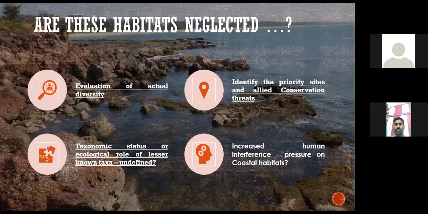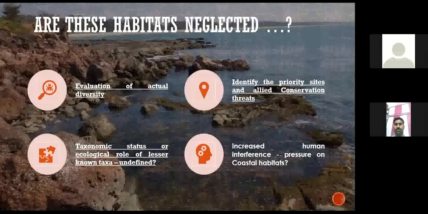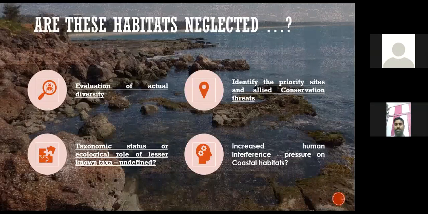Also, we are not really sure exactly which conservation issues each site is facing. There are certain conservation issues which we can definitely list down, but for the precise site and the allied conservation issues, we do not yet have the information.